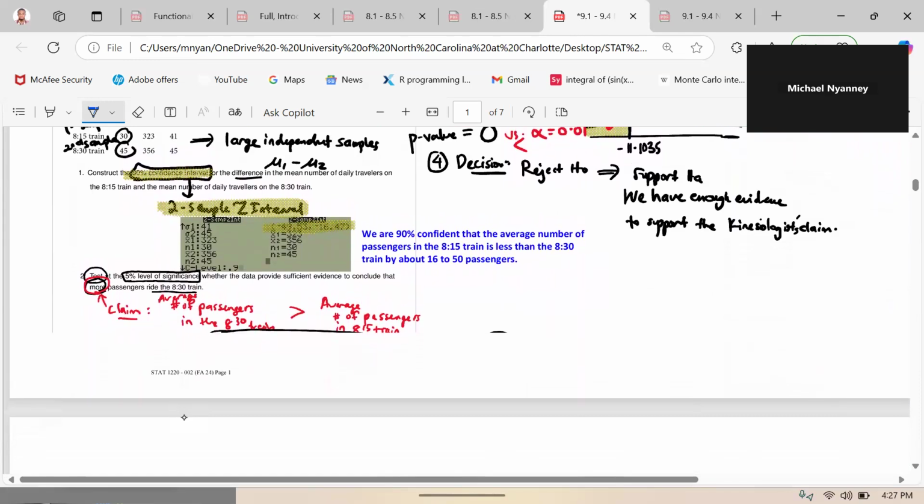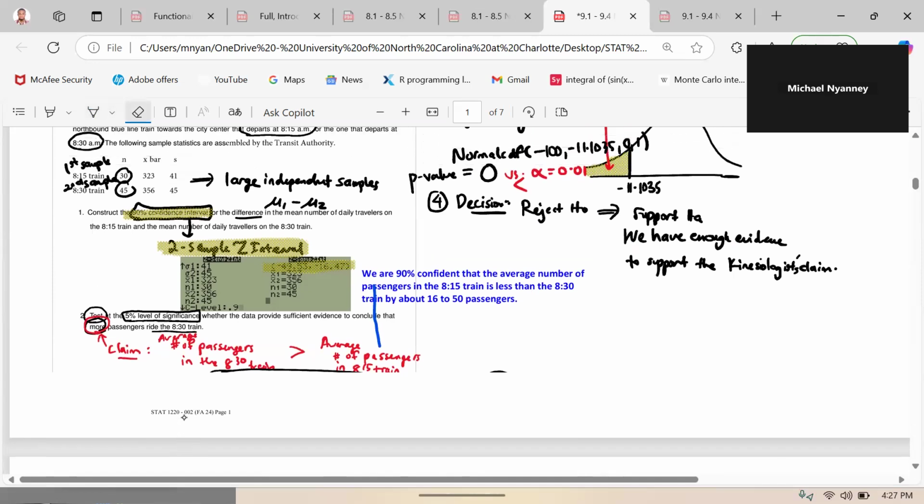So to conclude that more passengers ride the 8:30 train. So the 8:30 train, more passengers ride it, so mu2 will be greater than that of what? Mu1. Because based on this, the 8:30 train is the second sample, and the 8:15 train is the first.